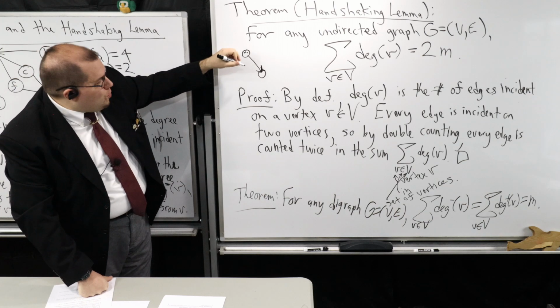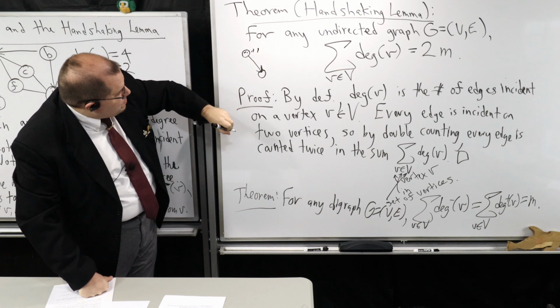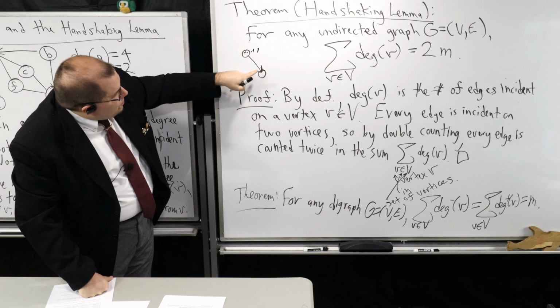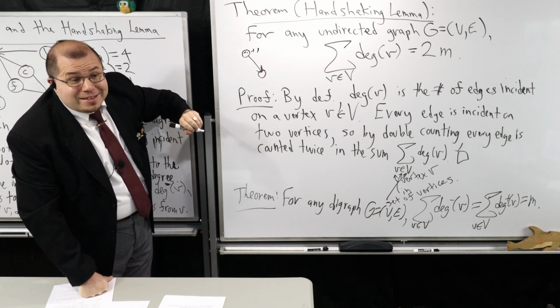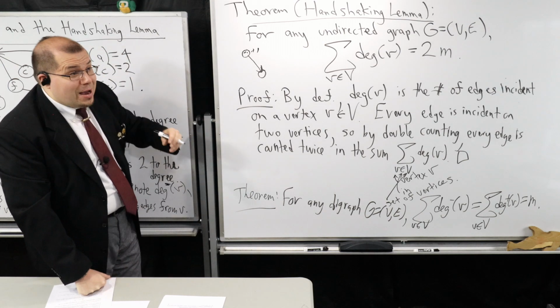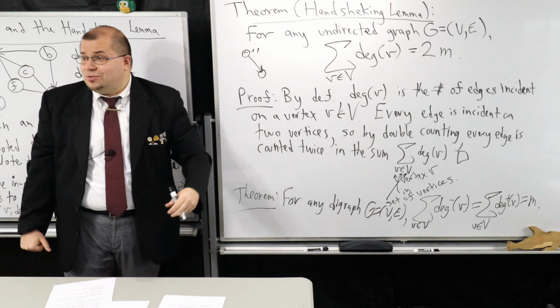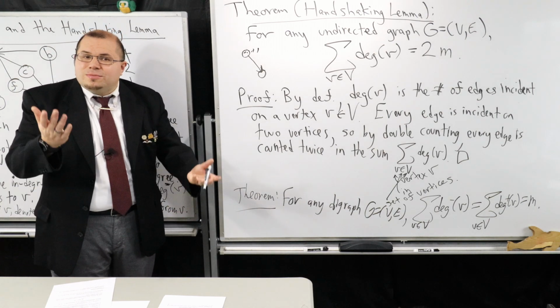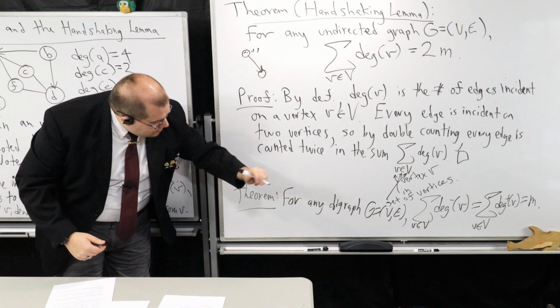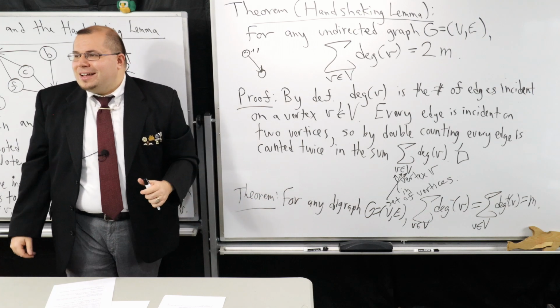I add 1 to it, so the out degree goes up by 1 here. But when it points at this vertex, it increases the in degree by 1. So every time you have an arc that goes from one vertex to another, you always have this balancing effect, and that's how you count to achieve these sums. Is that interesting?